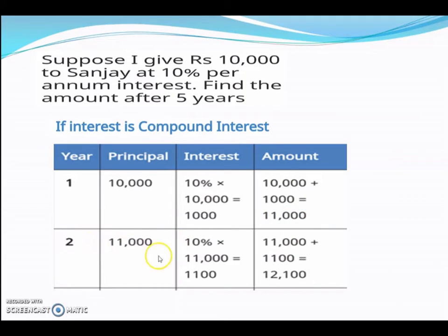So in the second year, the principal will change to 11,000. So interest will be 10% of 11,000, that is 1,100. And this 1,100 will get added to 11,000, and the amount at the end of 2 years will be 12,100.